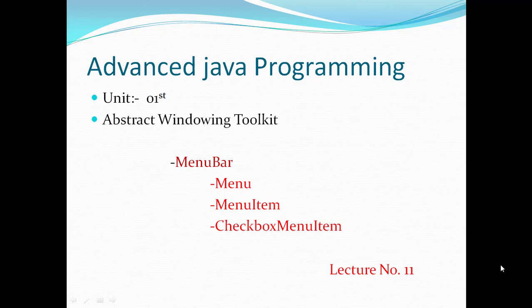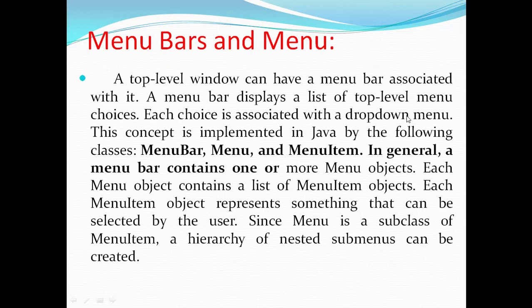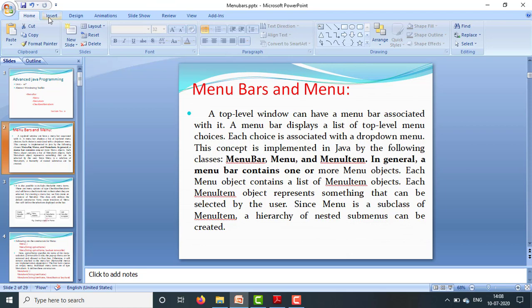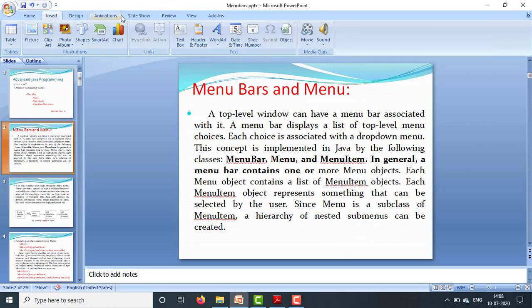Whenever we open any application or any window, the second bar is the menu bar, and we can see an example here. See this application, with home, insert, design, animation, slideshow, preview, add-ins.